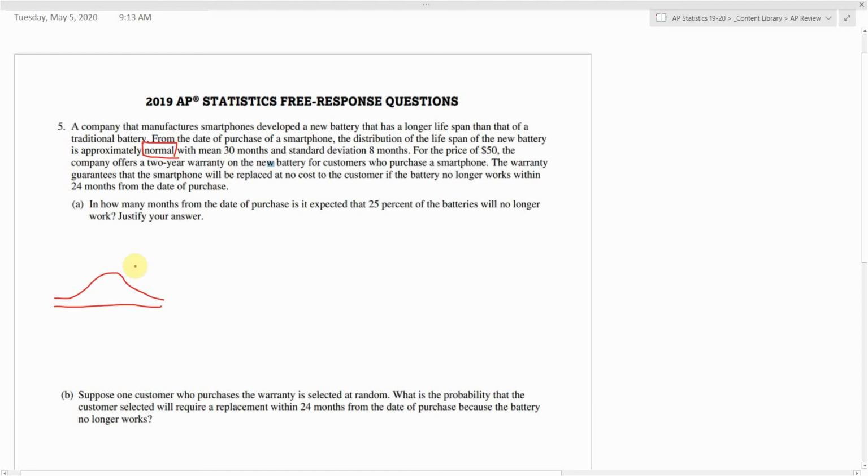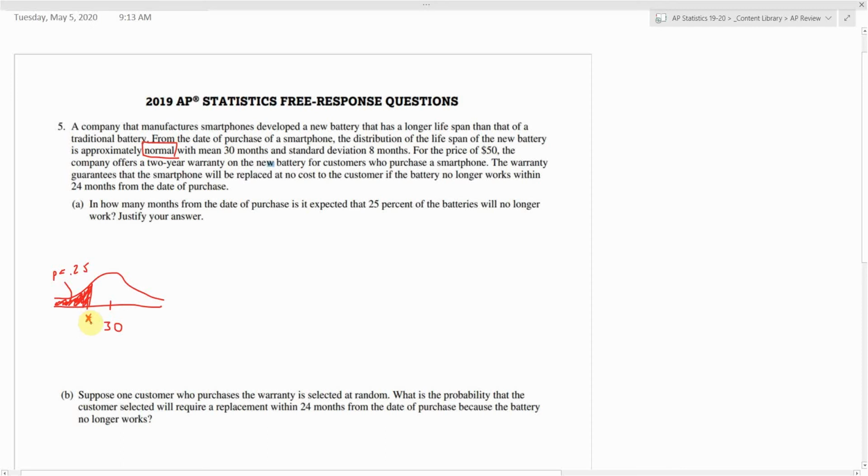And we're told that the mean is 30 months, and we want to know what is the 25th percentile. So it would probably be a little more like right here, a little further along. If I say this is my proportion, I want this proportion to be 25%, and I want to figure out what is this score. That's what I'm looking for.